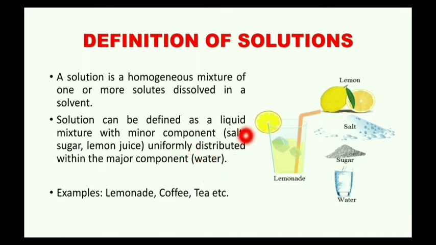So when you're dissolving salt in water, the minor component is the salt and the major component is the water. So where the salt is the solute and water is the solvent, they both combine and uniformly distribute into each other and result in the formation of a solution. So some examples of solutions are lemonade, coffee, tea, etc., where solutes dissolve with solvents to produce solution.